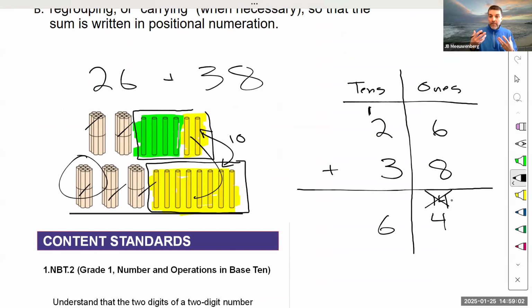That's a partial sum. We got a sum of the ones column, but we weren't done, right? And it involved regrouping, as we talked about before. So that's the idea of a partial sum, where you work in different parts of the problem, get different sums, regroup some things, redistribute certain values to different place values.